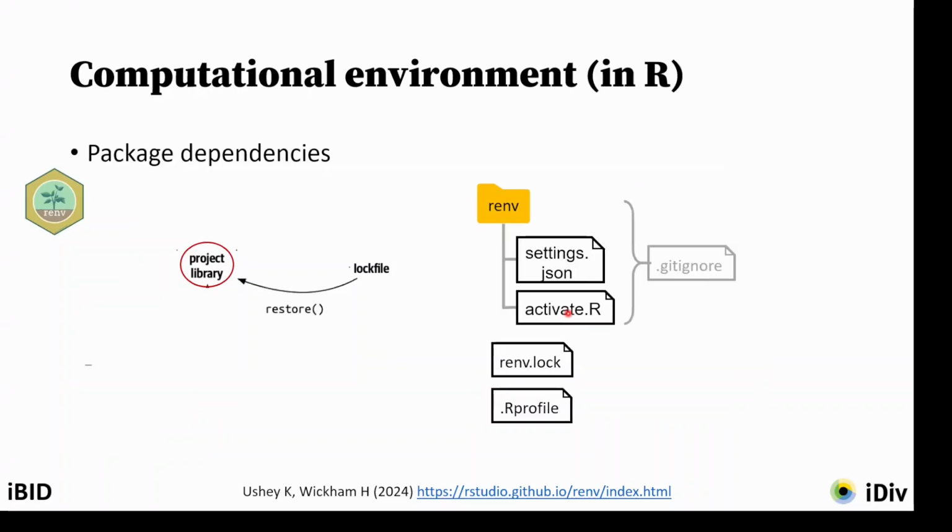And once you're done and you want to share, these are the files you would git to your repo. And whoever gets those files, so this is part of your file structure, they just need to run the restore function, and that function will detect those files and will download the specific packages and create again your own project library.